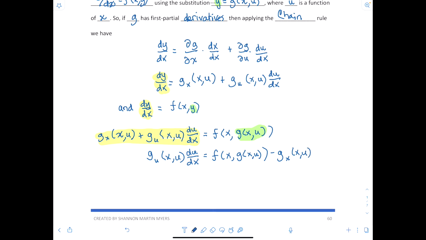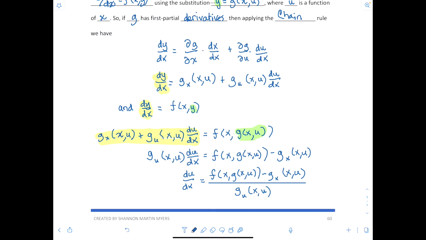Just working on isolating du/dx, cool, and then dividing both sides by the first partial of g with respect to u at x and u to completely isolate du/dx, we will get f of x and g of x and u minus the first partial of g with respect to x at x and u, all over the first partial of g with respect to u at x and u.